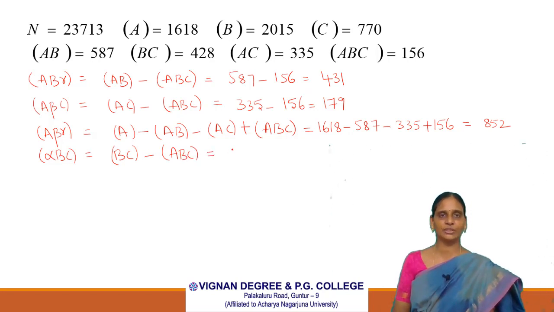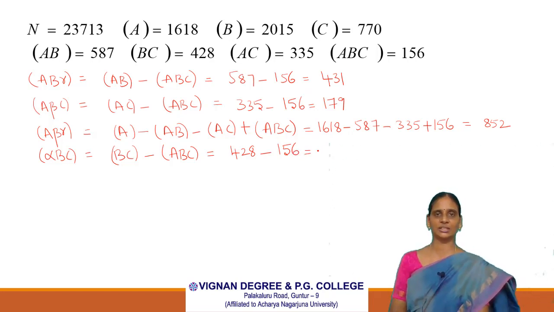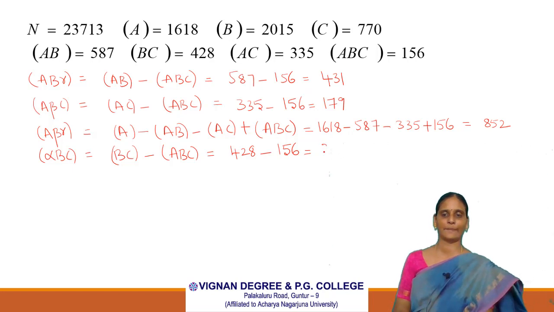So the value of frequency of BC is 428 minus frequency of ABC is 156. 428 minus 156 is 272.